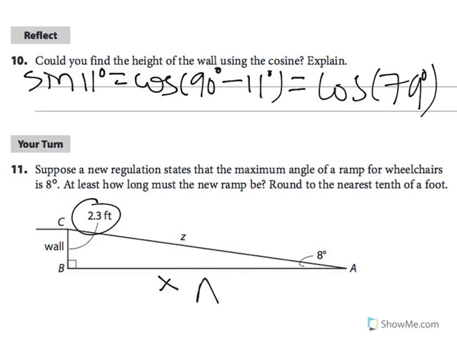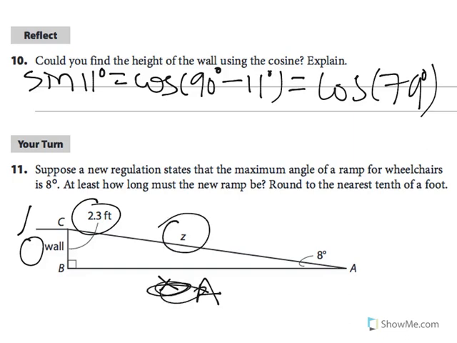So we have adjacent and opposite. Oh, for this one, we need to go back to 18.1. Remember that when we have opposite and, okay, my mistake. We're not looking for the wall, we're looking for the ramp.